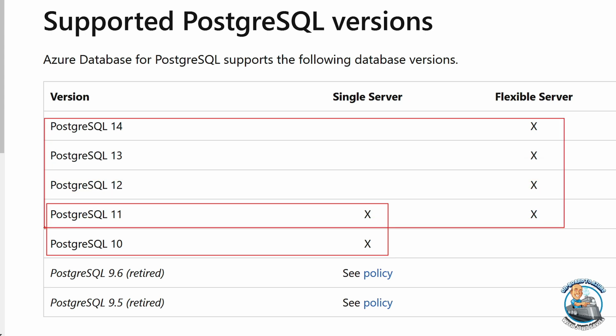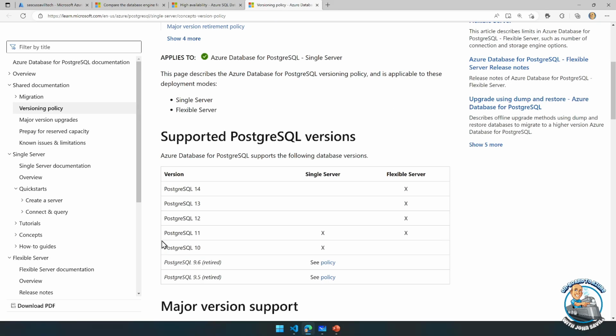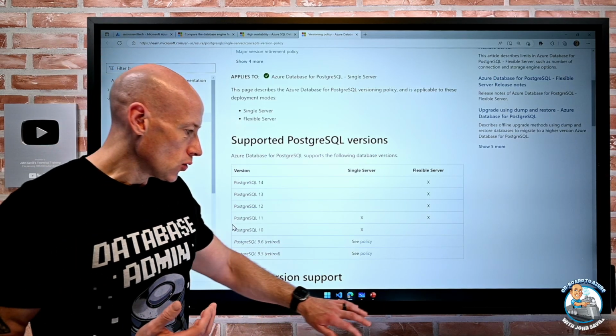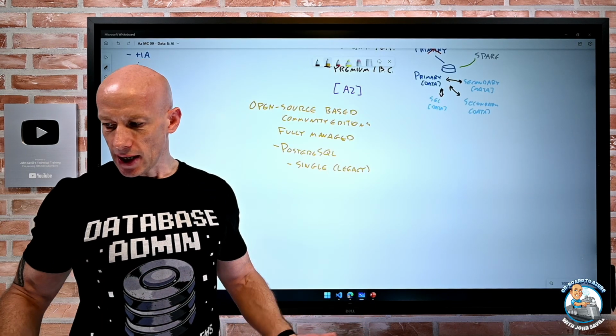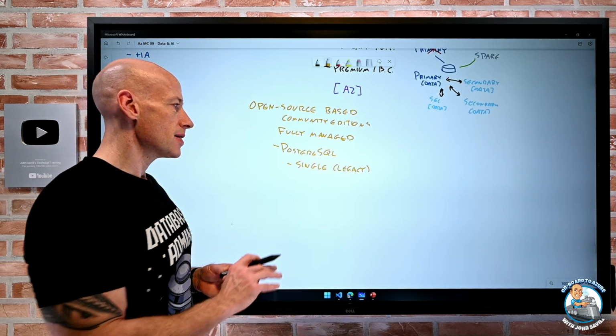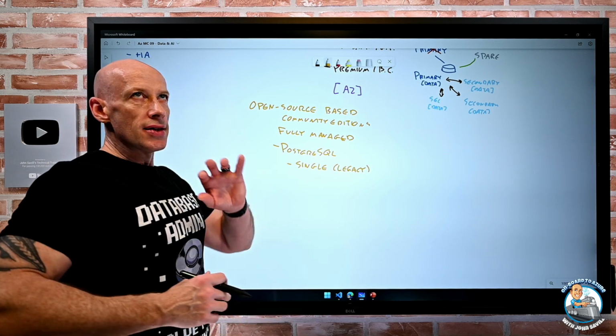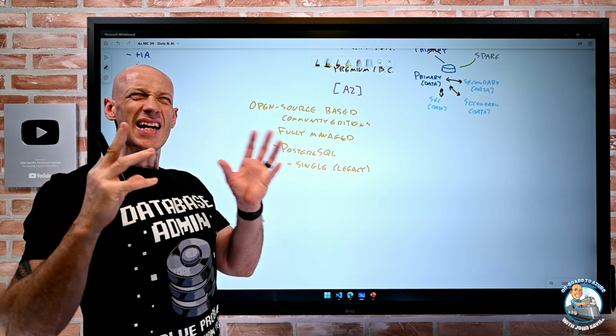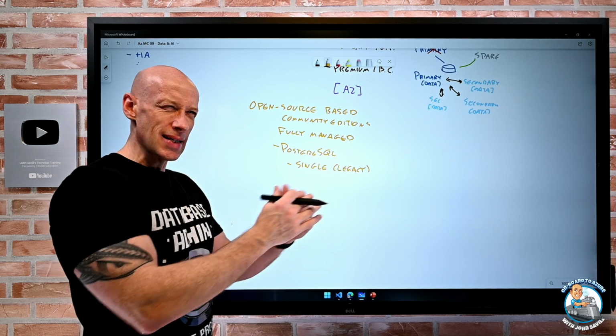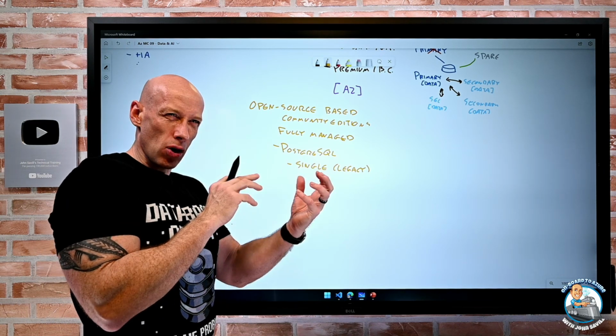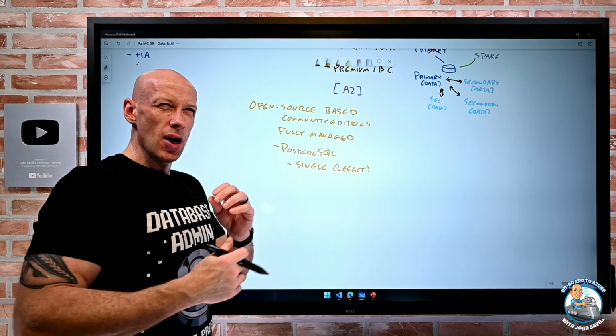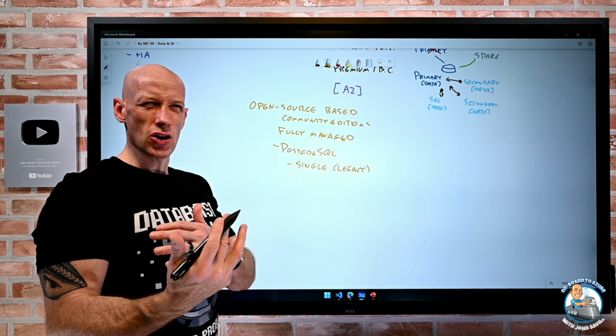So it's very clear to see right there that single server is not getting any investment. If I want to be using the newer functionalities, the newer versions, single server is not the way to go. Single server used a container type technology. It wasn't regular containers, but it was a kind of model where it was certain shared components, which limited a lot of configuration options.